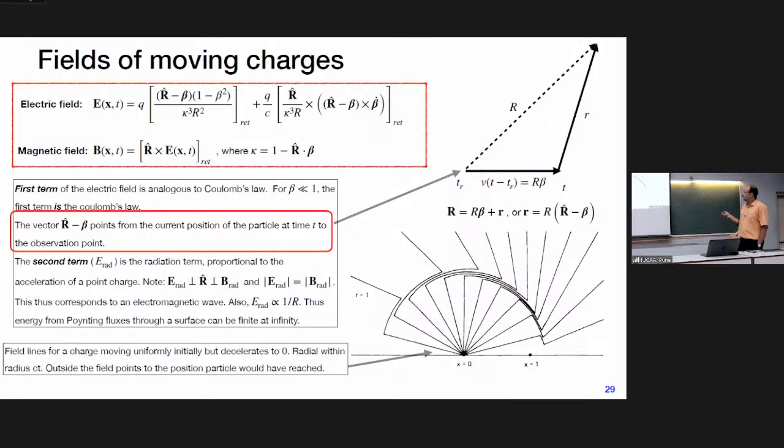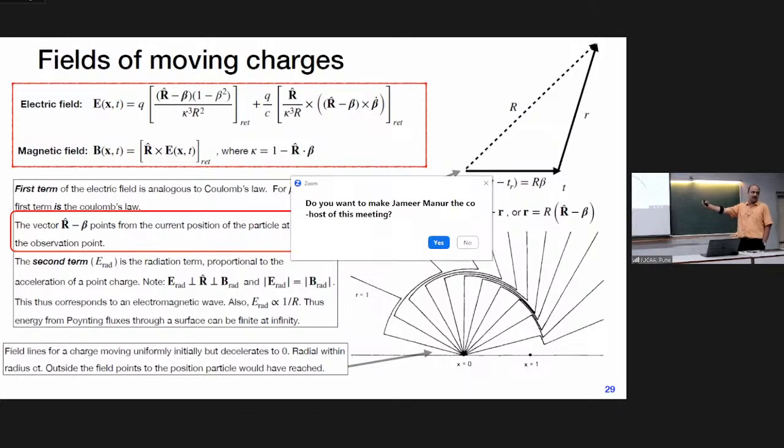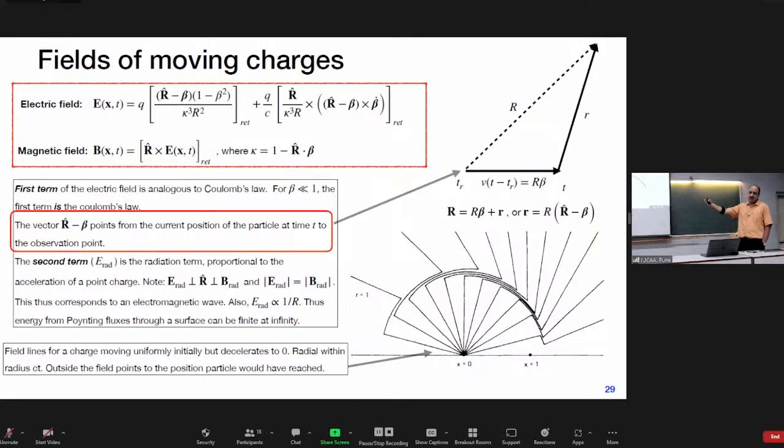So the area increases as R square, and the Poynting flux drops off as 1 by R square. So the total energy transmitted is constant. This term tells you that whatever energy is being emitted by the moving charge can be transmitted to infinite distances. So this is the term we call the radiation term.